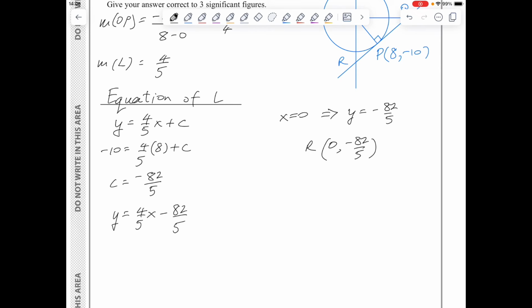And for the x-intercept, I need to set y equal to 0. So I need to solve the following equation: 0 equals 4 over 5 x minus 82 over 5. Now if you solve this for x, you'll get a value of 41 over 2. Therefore, Q has coordinates 41 over 2, 0.